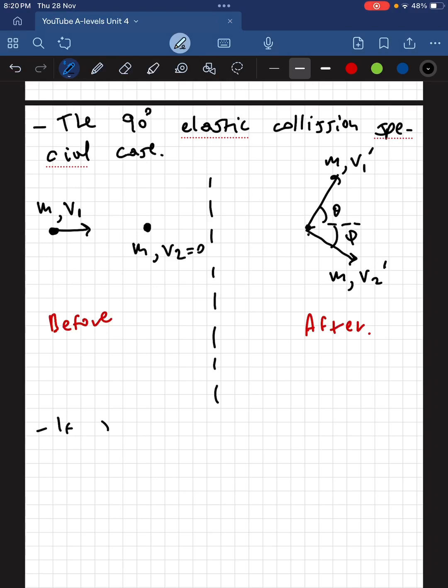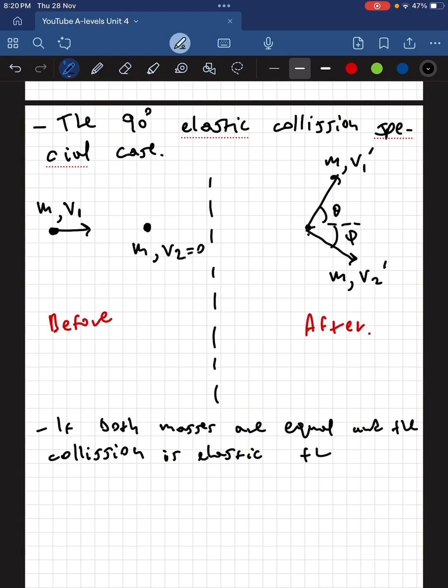So if both masses are equal and the collision is elastic, then we get the curious phenomenon that theta plus phi is 90 degrees.